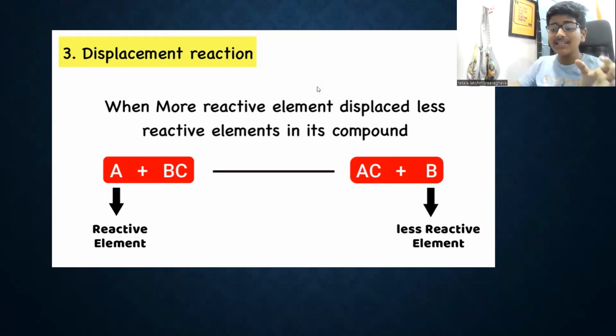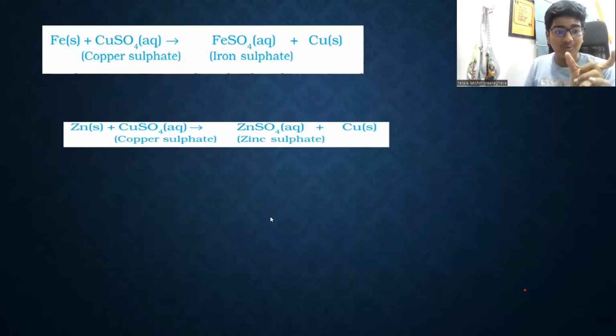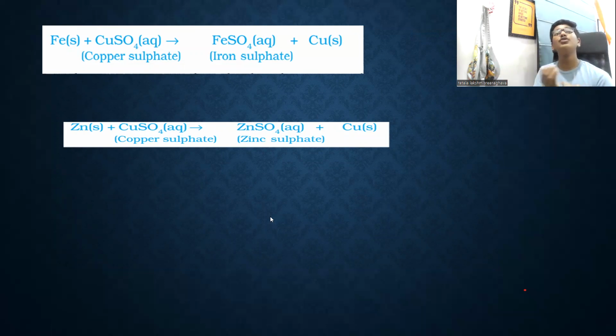So let us take an example: Fe plus copper sulfate gives rise to FeSO4, iron sulfate, plus copper. Here, the reactants are 2, and the products are also 2. Remember, Fe plus CuSO4 gives rise to FeSO4 plus Cu.